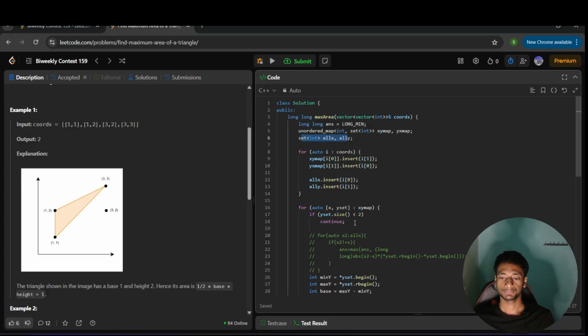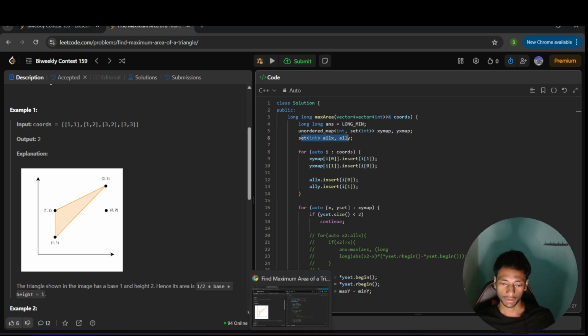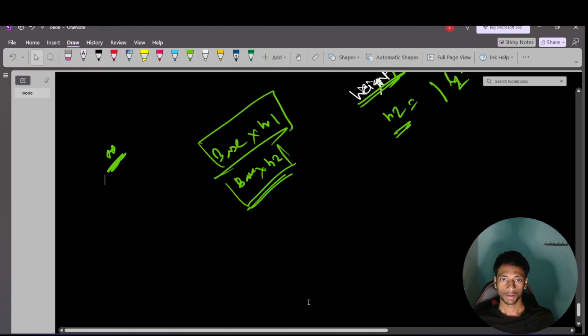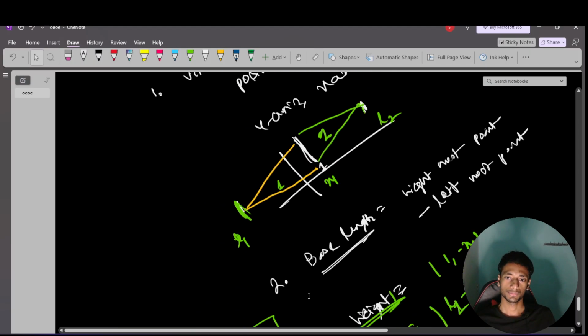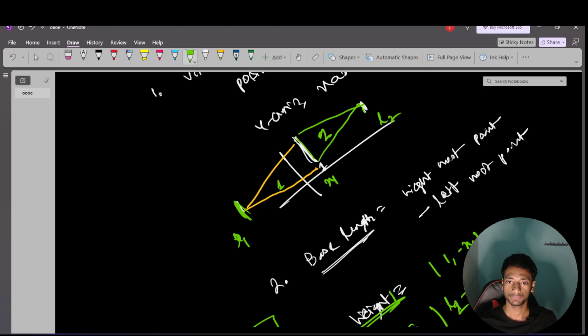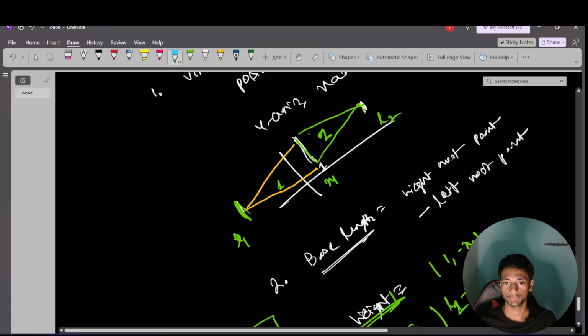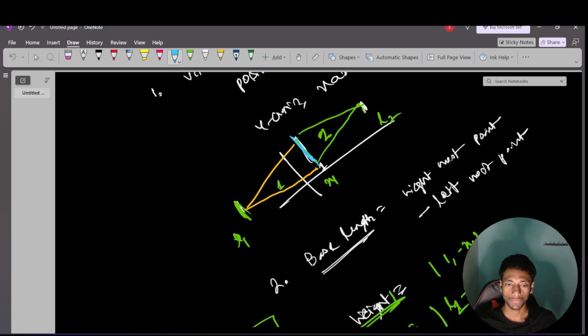Why do we need this? Because we need to find the maximum. Currently I am trying to generate a triangle using this base. So I need to know the leftmost x position and the rightmost x position I have. Unique x values are possible, so I have taken a set of integers.